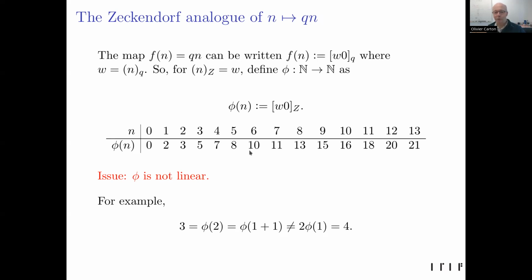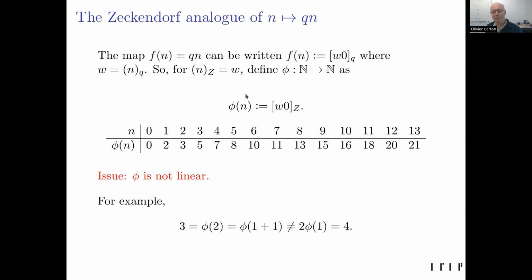So this map is well defined and it looks nice, but it has a main problem: the map which maps n to qn is of course linear, but the map little phi is not linear at all. For instance, phi of 2 is 3, which is not 2 times phi of 1, which is 4.